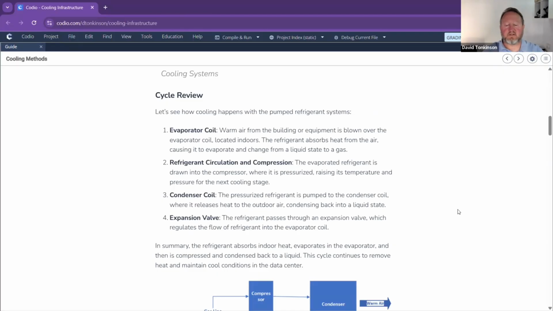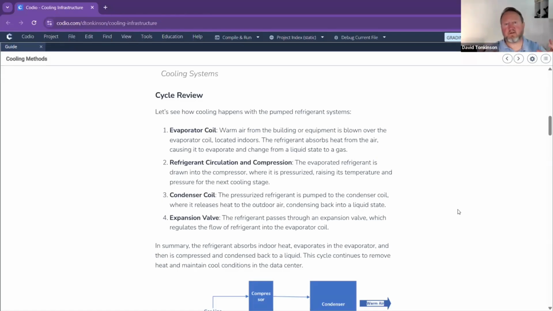Then we have the refrigerant circulation and compression. This is where the evaporated refrigerant is drawn into the compressor, where it's pressurized, raising the temperature, ready for the next cooling stage. Then we have the condensing coil, where the pressurized refrigerant is pumped through and releases heat. As you squish it and pump it through, it releases the heat outdoors.